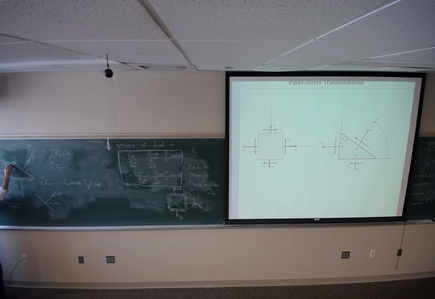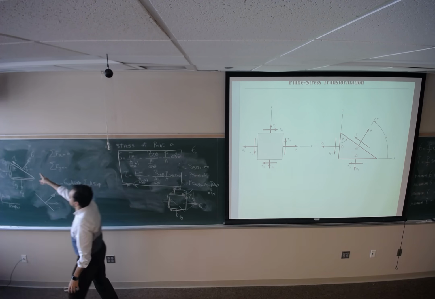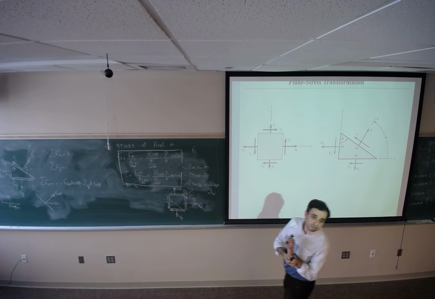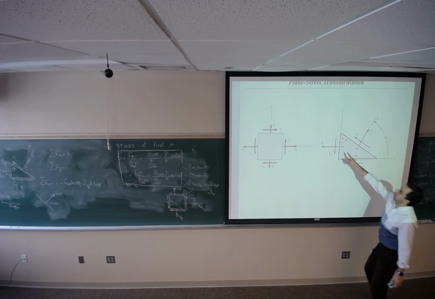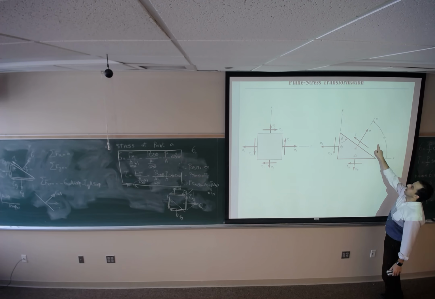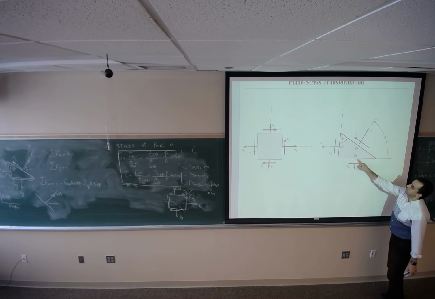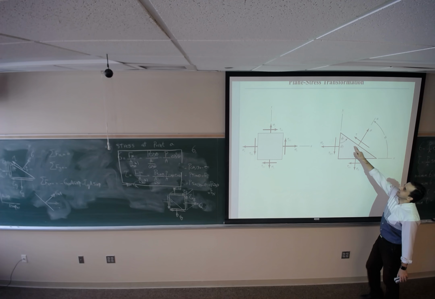If this angle is phi, I can show that this angle also equals phi. So this angle is phi, this angle should be phi as well. Everybody can see why this angle should be phi. This is phi. If I draw a line parallel to the ground, this angle and this one should be the same.